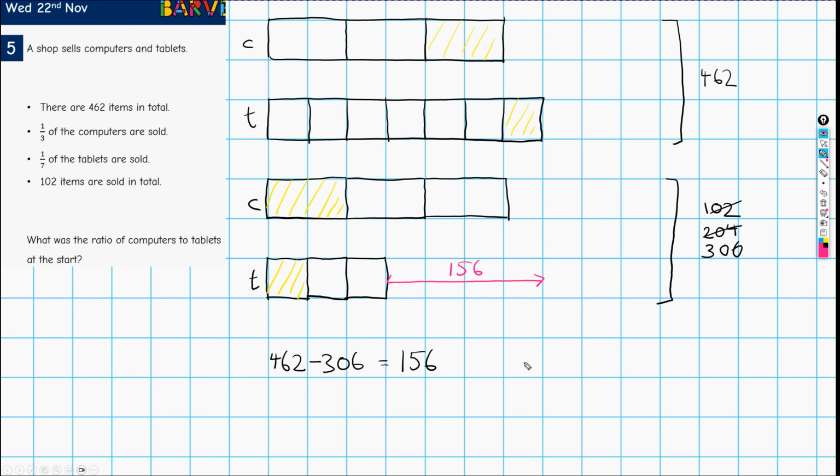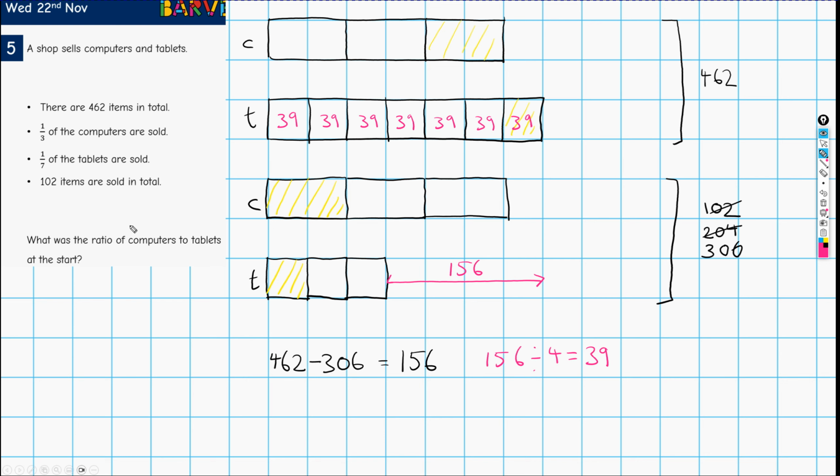So we need to divide 156 by 4, which gives us 39. So now we know that each of these parts here has a value of 39. I don't need to write them all in, but it just looks good. There we go. I've got all of that value accounted for.